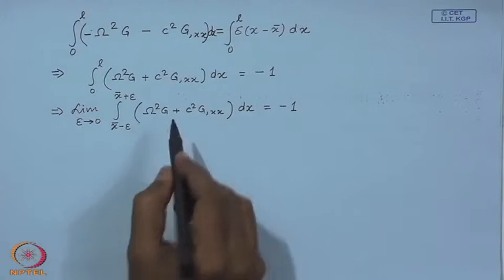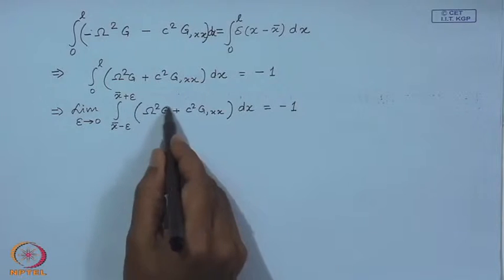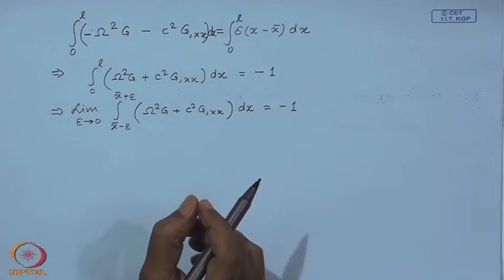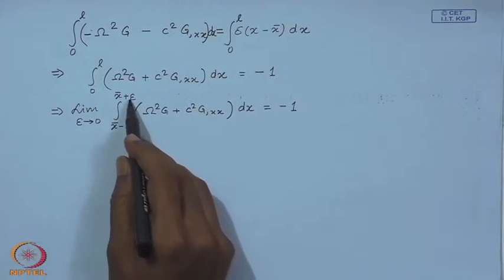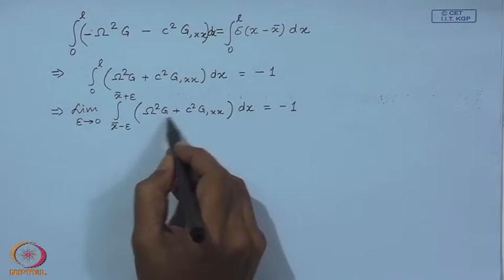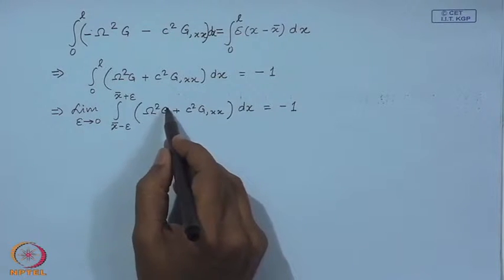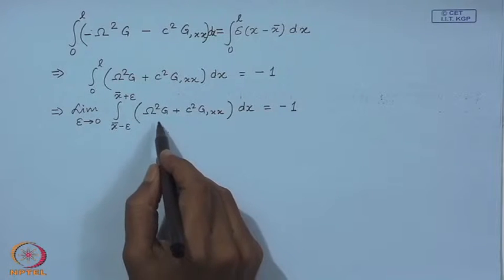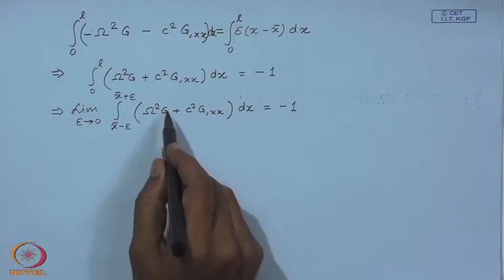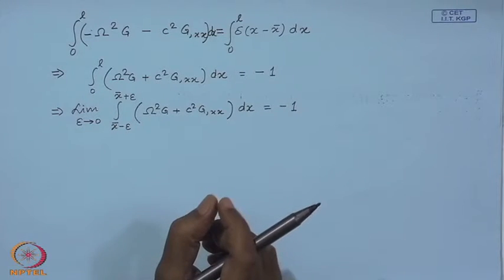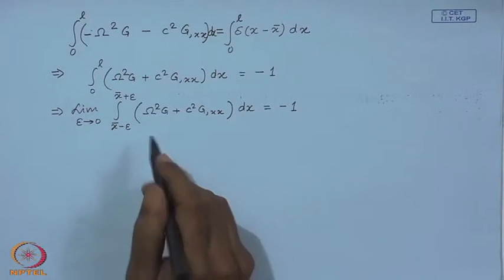You see, when this term is integrated over such a narrow region from x bar minus epsilon to x bar plus epsilon, since g is a continuous function, as we have already put the condition of continuity on g, the integral over a diminishing domain goes to 0.